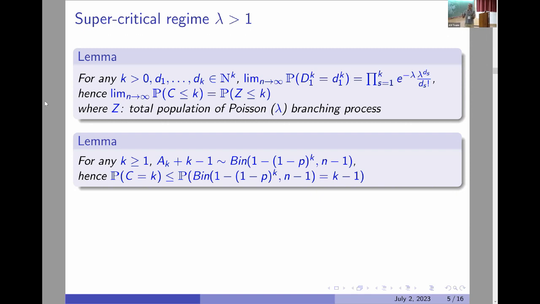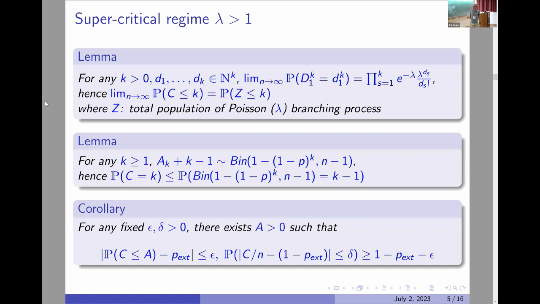So if you take a set of values from 1 to A for large A, the mass that it puts in this interval is going to converge to the extinction probability of the branching process. And then this lemma allows you to figure out that the mass it puts besides mass on small values has to be mass around n times 1 minus the extinction probability.